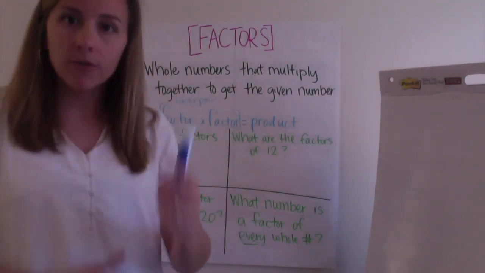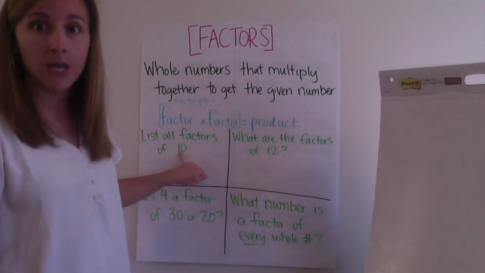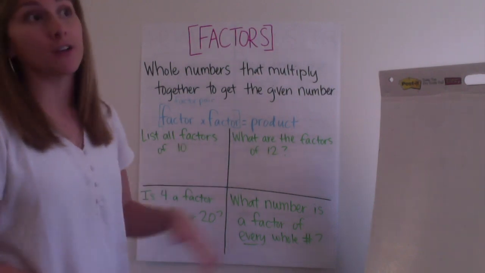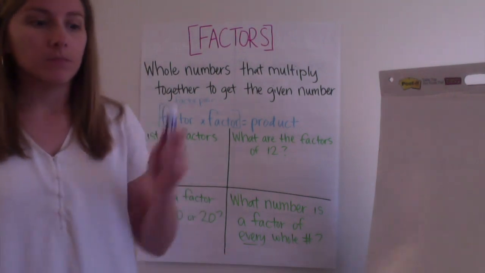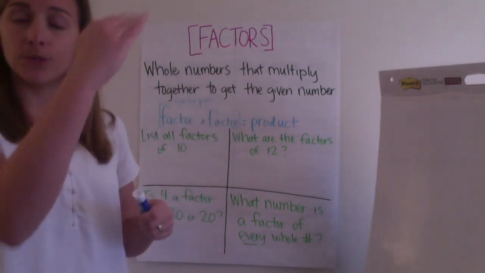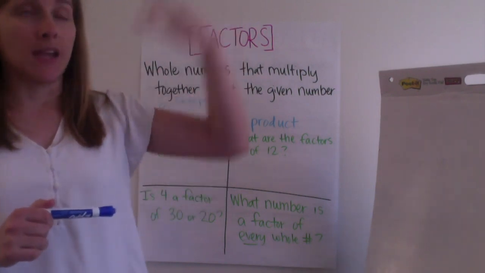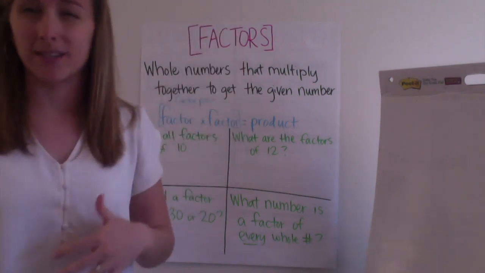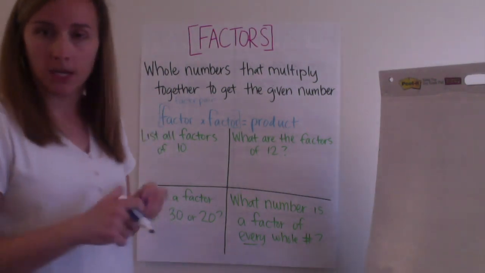I think it's helpful, especially as we work with some bigger numbers, like finding all the factors of 32 or something like that, to go in order to figure out if each number is a factor of that specific number. And I'll show you what I mean here in just a minute.